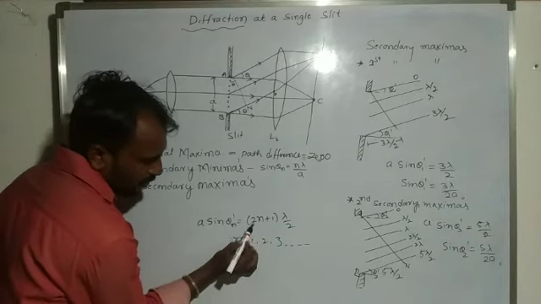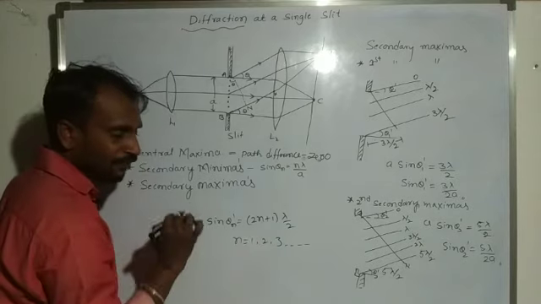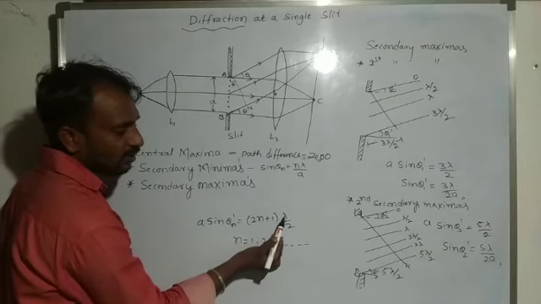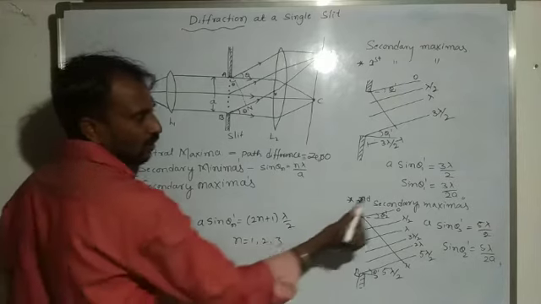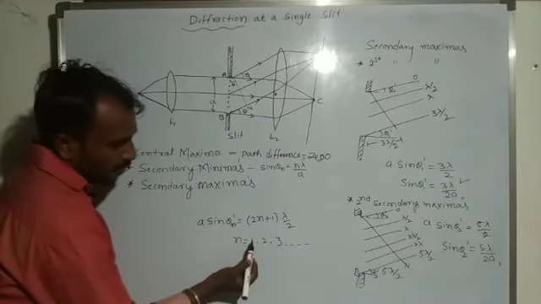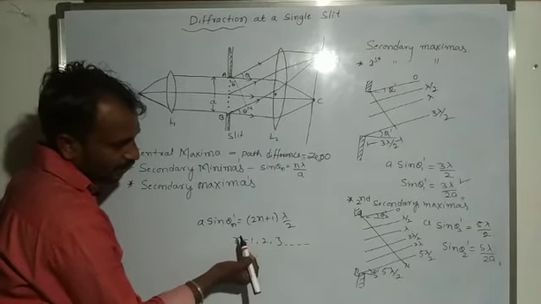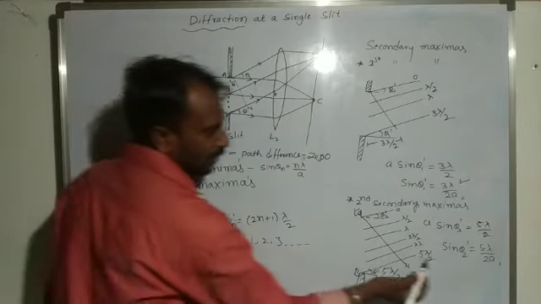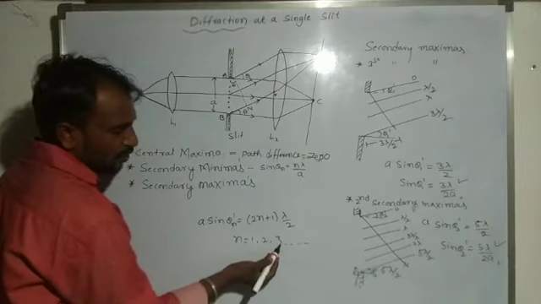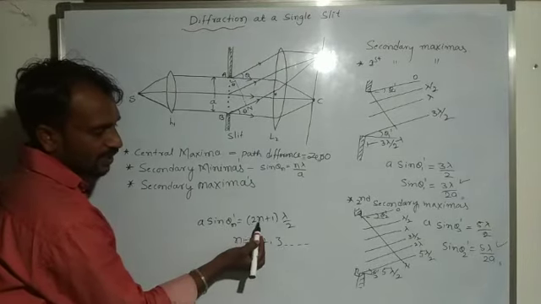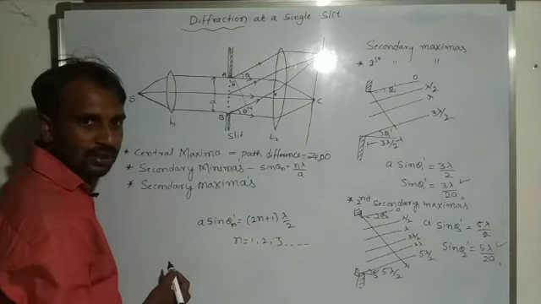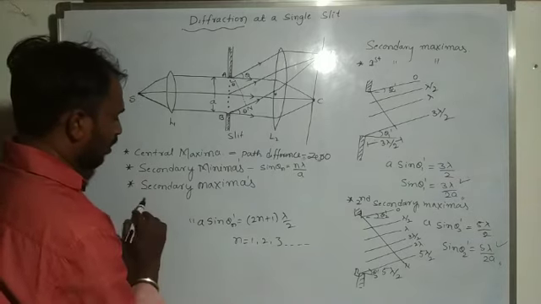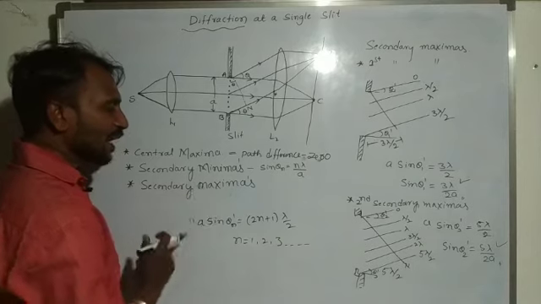Suppose this value is 1, it means 2 into 1, 2 plus 1, which is 3 lambda by 2. Suppose n is 2, 2 into 2, 4 plus 1, it means 5 lambda by 2. If n is 3, 3 into 2, 6 plus 1, 7 lambda by 2. So this is a general formula of secondary maxima.